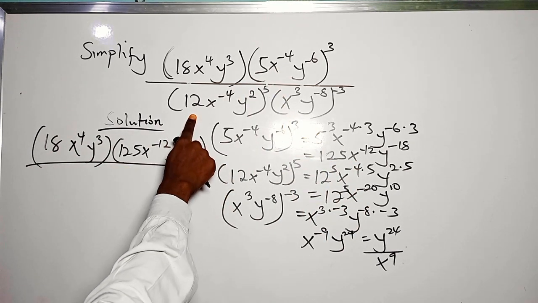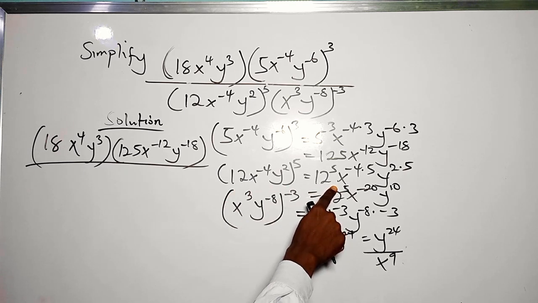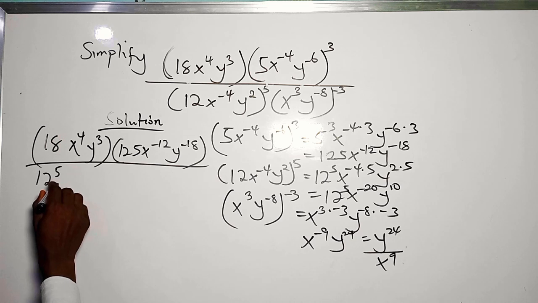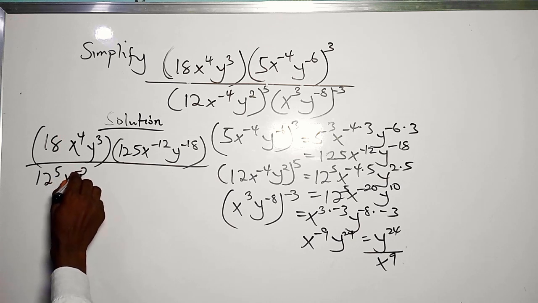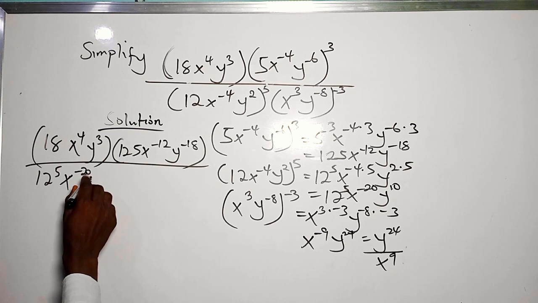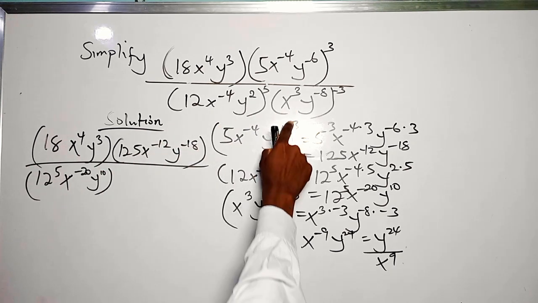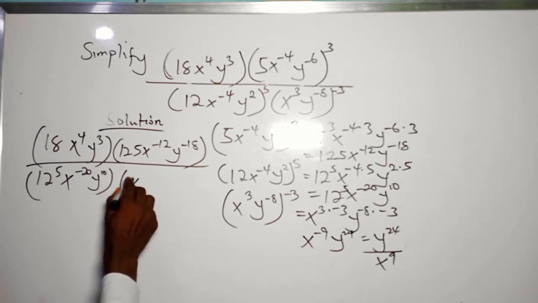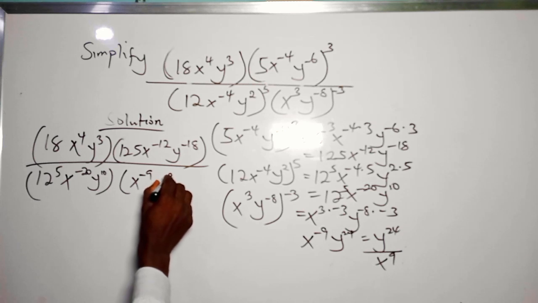For the denominator, the result of this is this. So we have 12^5 times x^-20, y^10, which is this. And the result of this we have to be x^-9 times y^24.